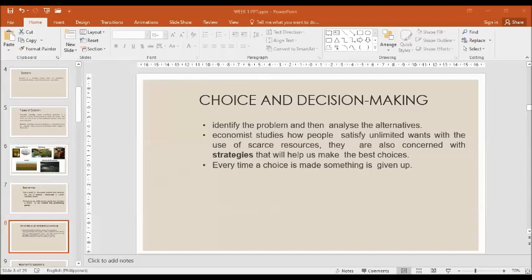First, before making decisions or choices or alternatives, we must identify the problem. And then we analyze the alternatives or options, and we consider the different alternatives and the cost of every decision, in order to satisfy the unlimited wants of the people with the use of limited resources, through strategies that will help us make the best choices.